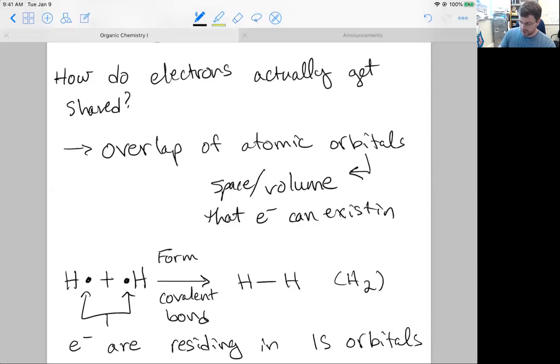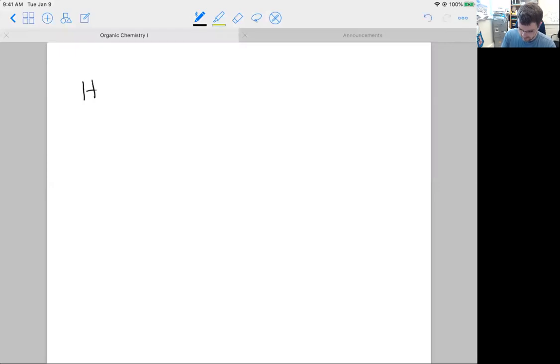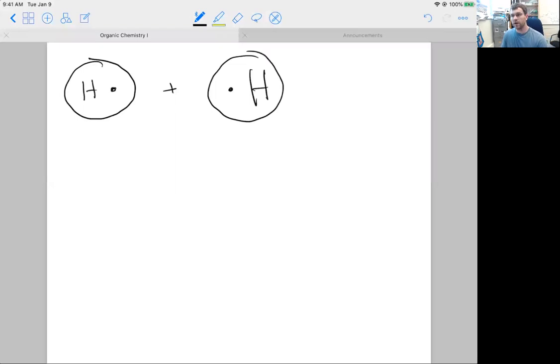So another way to picture this would be, instead of H dot by itself, we could draw H dot with a circle coming into close contact with another H dot in another circle. Let's imagine these 2 atoms are the same size and the circles were drawn uniformly, which I did not achieve. So we have these 2 H dots sitting inside circles.